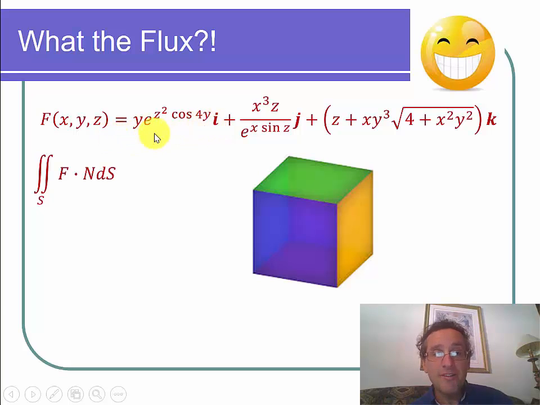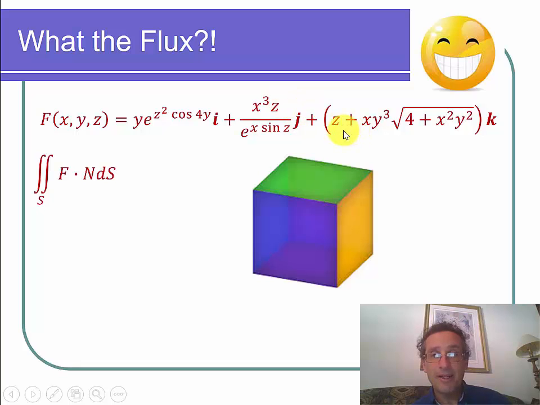So the partial derivative of the first component of F with respect to x is just 0. Similarly, the second component of this vector field F doesn't have any y's in it. We can also conclude that the partial derivative of the second component of F with respect to y is 0.